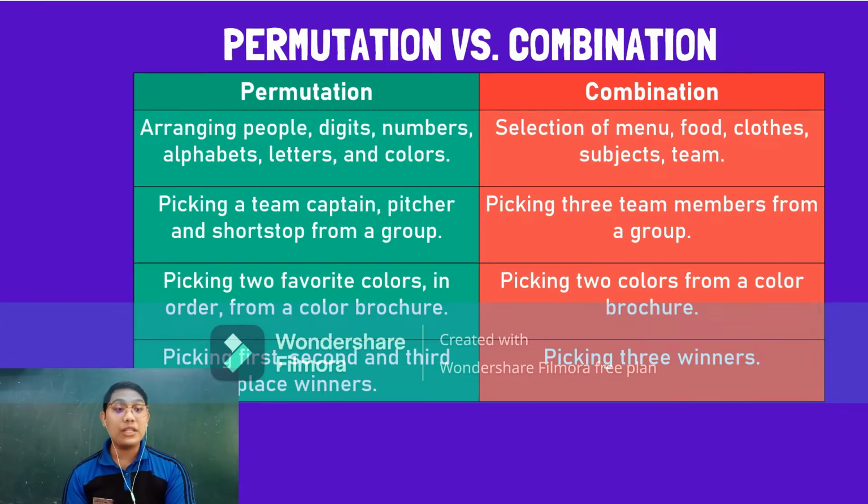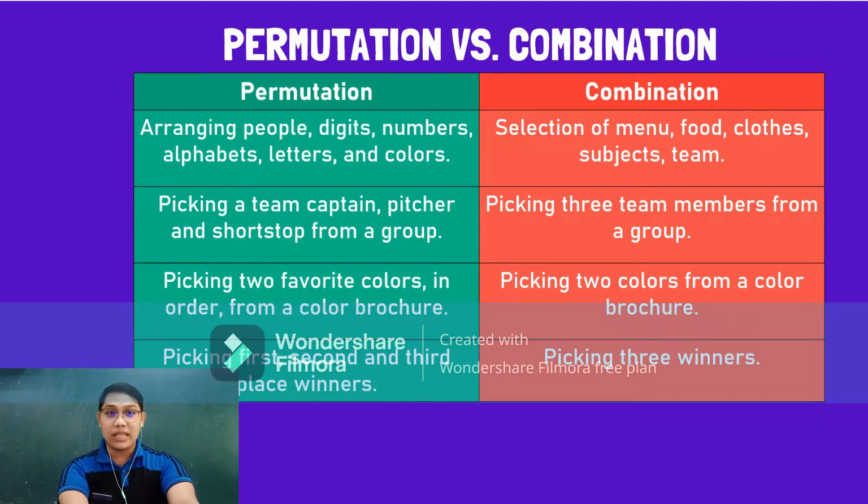And the first example of combination: selection of menu, food, clothes, subjects, and theme. It's a combination because if we select a food or a clothes, the order doesn't really matter. So that is a combination. The second example of a permutation is picking a team captain, pitcher, and shortstop from a group.